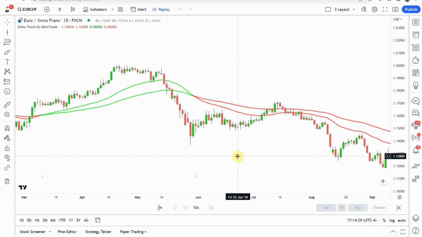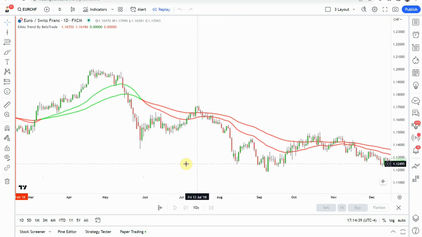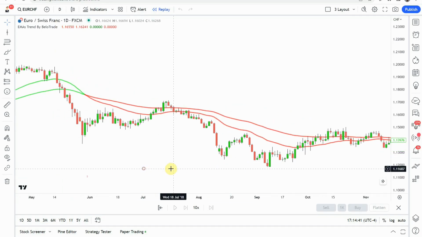And so I believe the creator of this indicator, when they updated this indicator, they bumped up the period of that second EMA. Because in the original testing, it did 25 trades within the 1 year's time.